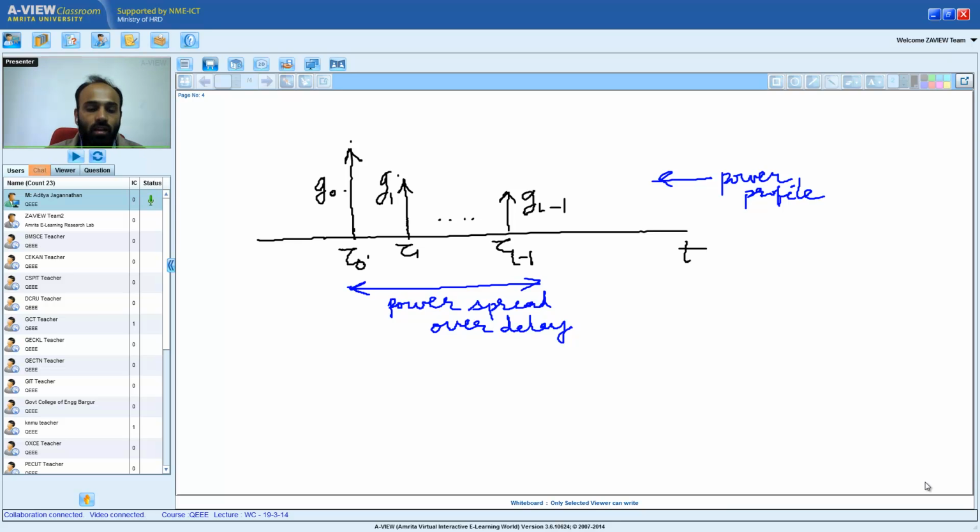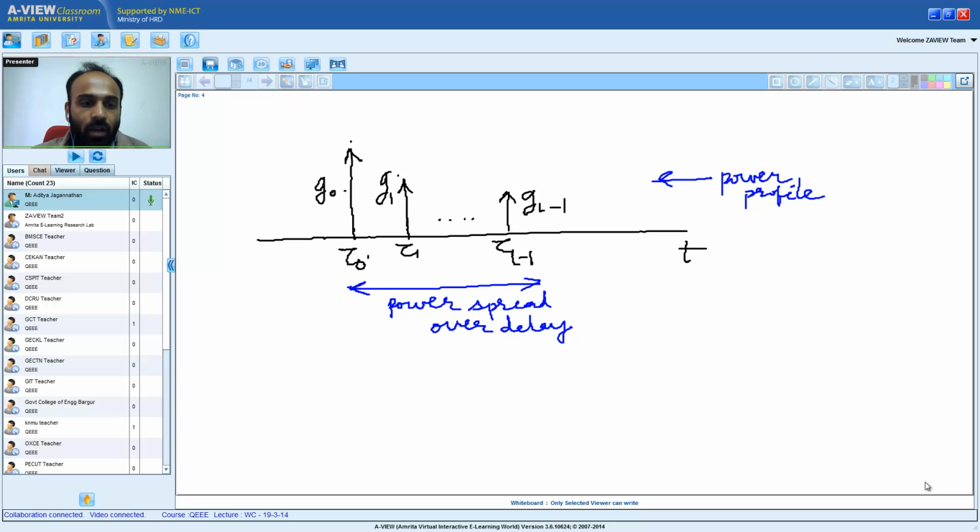So unlike a conventional communication system with a single path of propagation, I have basically multipath. These multipath components are arriving at different delays, with different powers, right?